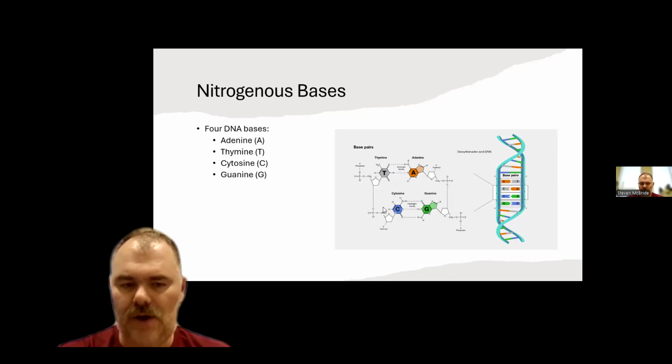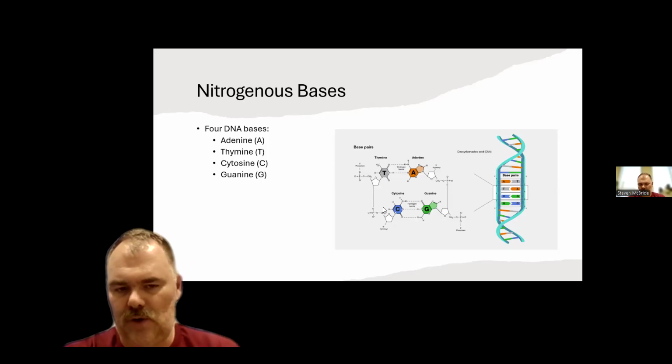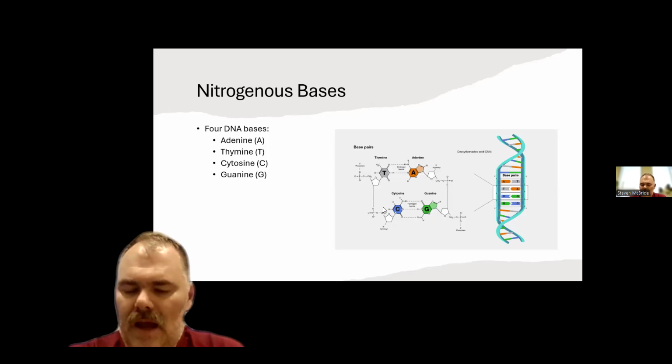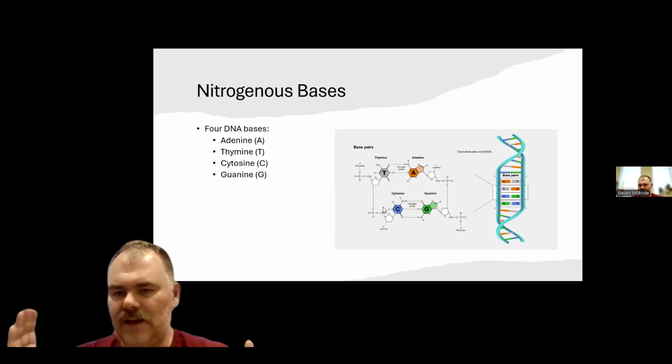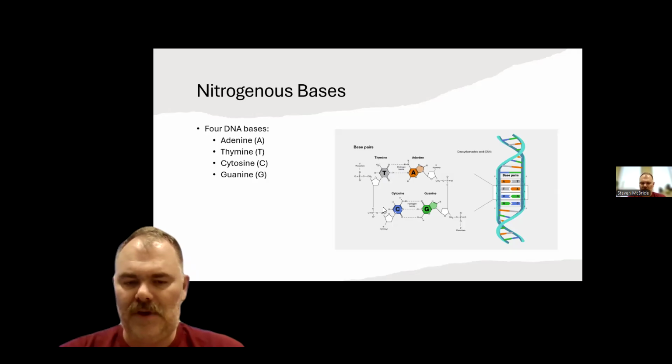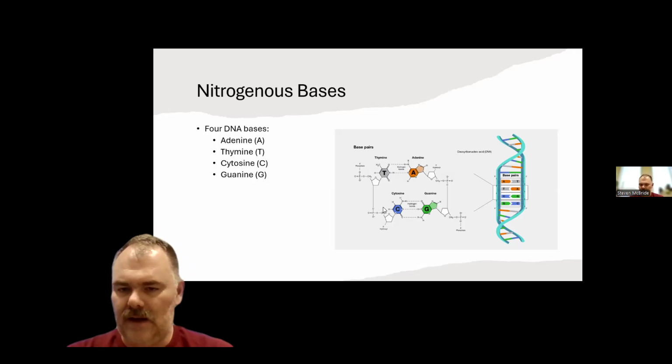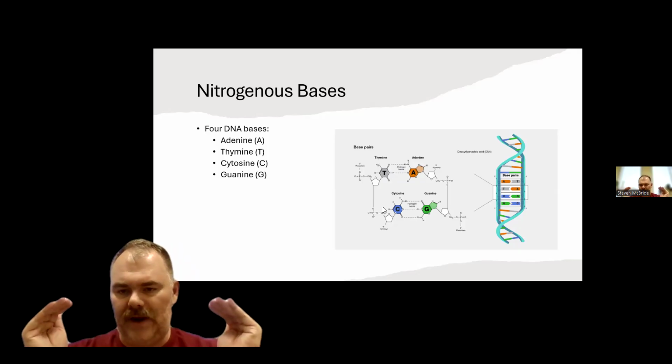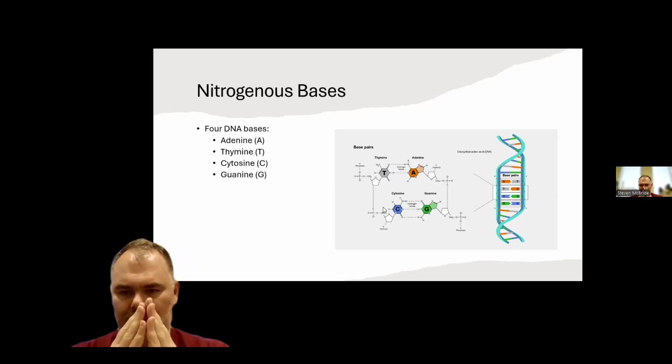Now notice also that every pairing is a single ring paired with a double ring, and you never have two double rings or two single rings. This is important for keeping the width of the DNA molecule approximately the same. If you had double ring with double ring, or single ring with single ring pairs, then you would have these bulges out at the double rings where it'd be fatter, and these jumps in with the single rings where it'd be skinnier.